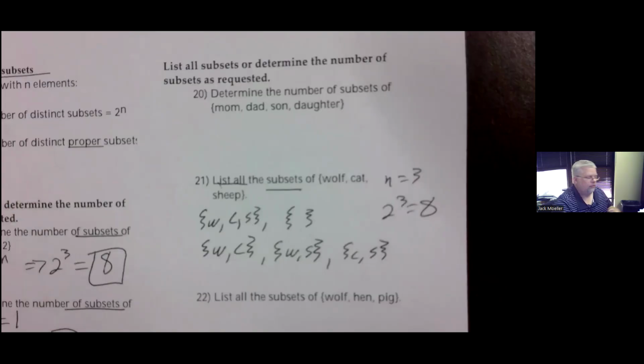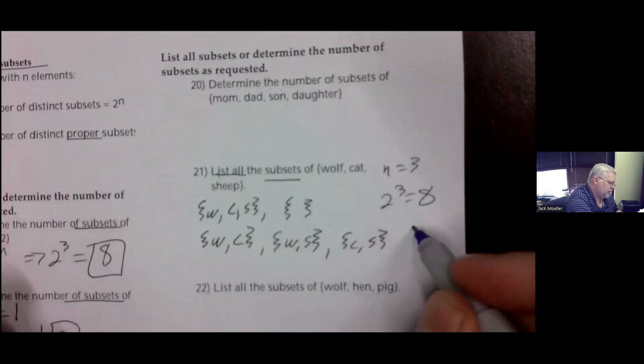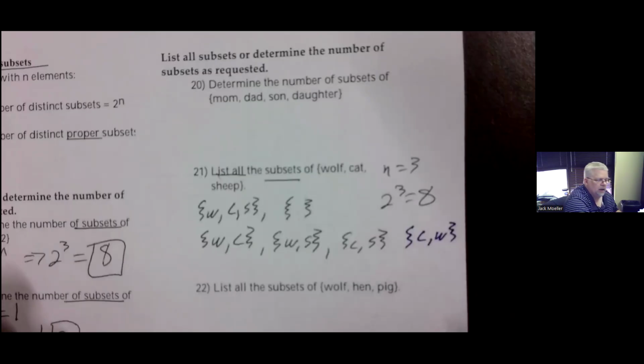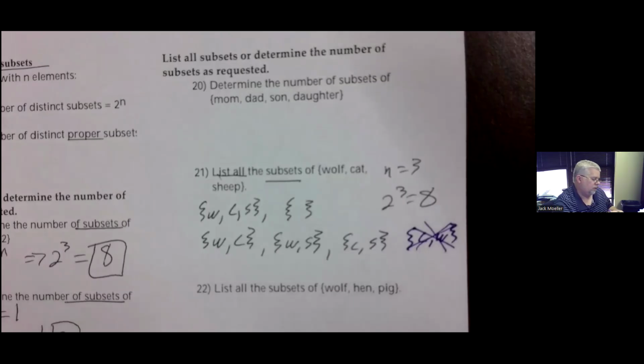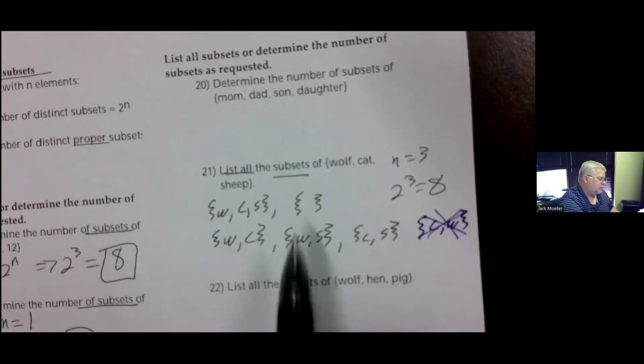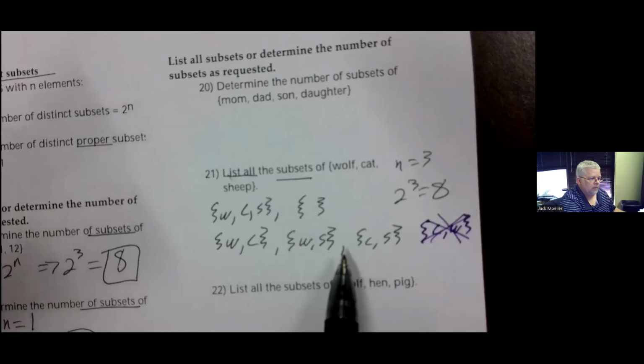Now you may ask yourself, how about cat and wolf? Is that a subset? Well, yes, but we've already done it because, remember, order doesn't matter. So don't mess up the order and think you have a new subset. So that's the only way we can pick 2 elements out of this set.